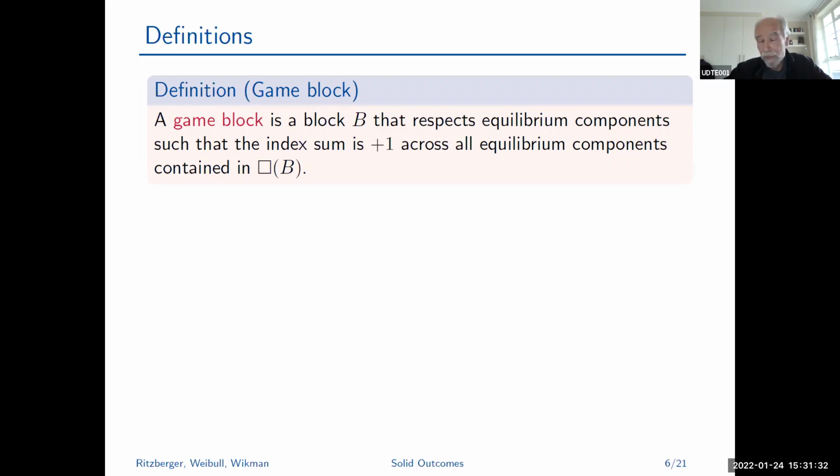Okay, like it would be for the full game. So in a sense, a game block you can think of as a smaller game of its own, right? And indeed, in the end, we'll show that that is actually the case, right? That you can think of it that way. So this is just strategy blocks, the game blocks.